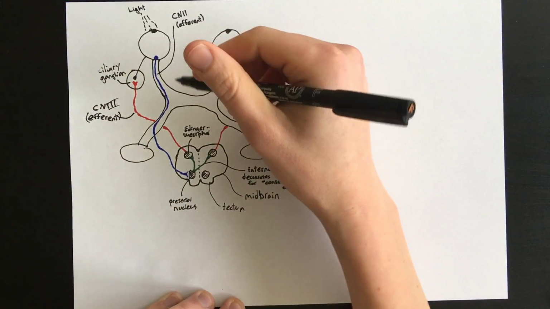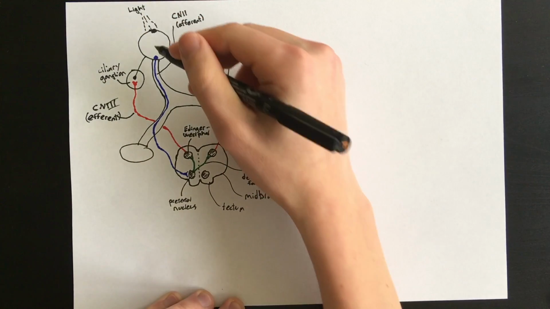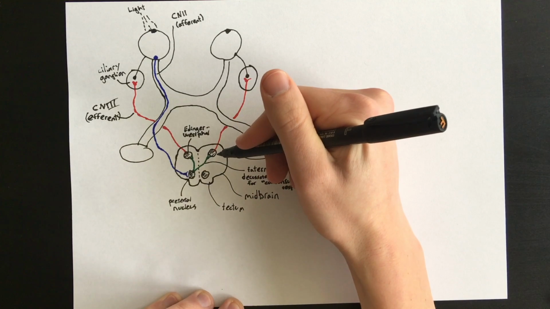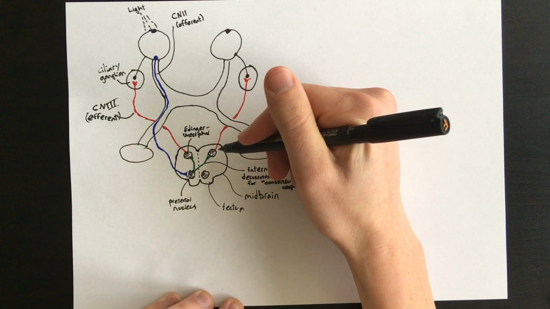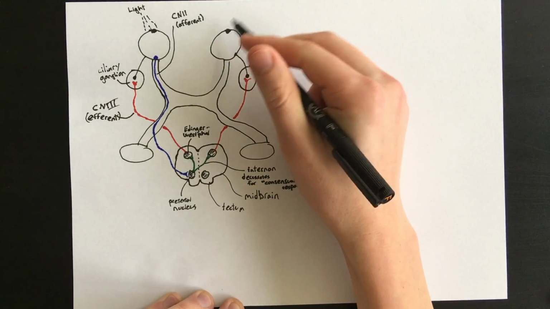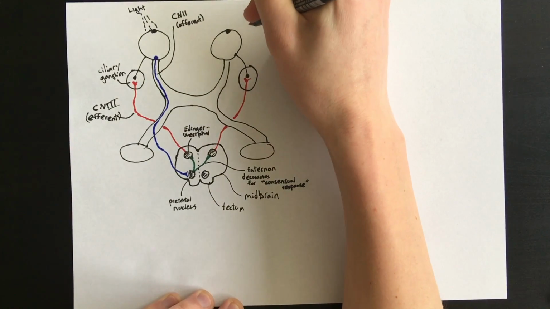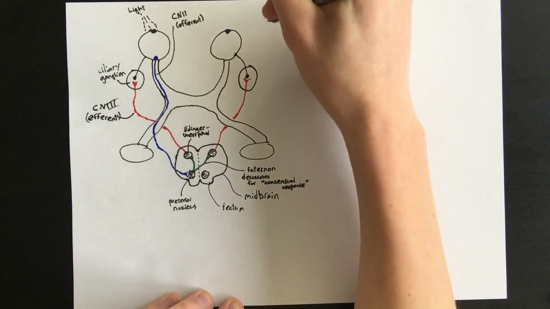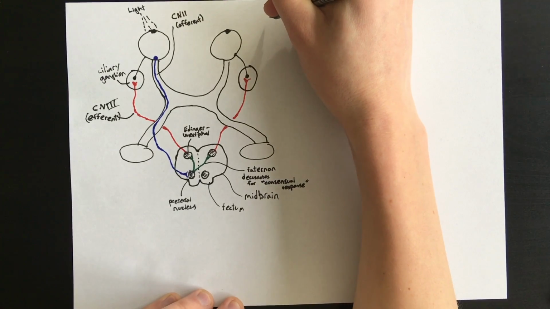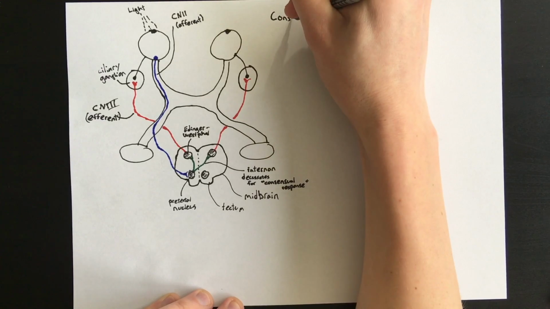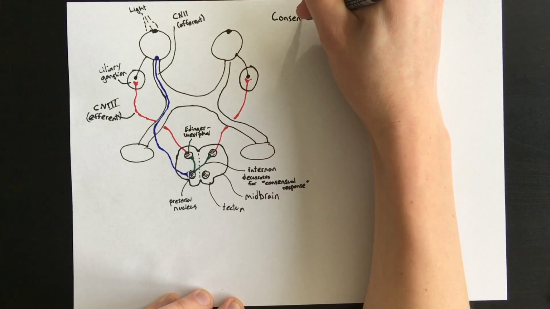However, back at the pretectal nucleus, we also send an additional axon or interneuron across the midline to the contralateral Edinger-Westphal nucleus, which then follows the contralateral oculomotor nerve and causes constriction of the opposite pupil. This is called the consensual reflex. So in response to light, both of our pupils will constrict simultaneously.